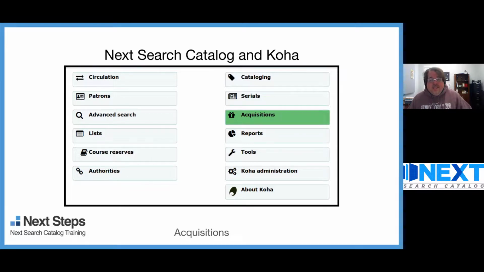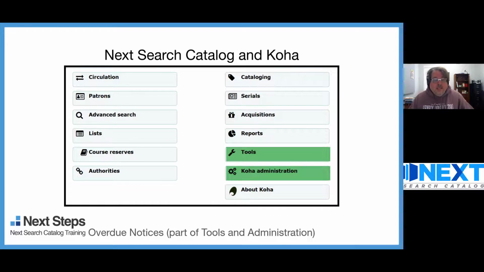We are using the acquisitions module for our patron suggestion system, which allows patrons to use the ILS to suggest purchases of things that are not already in the catalog. Notices come from the tools and administrative side of Koha. It's a system that is in place in Koha that currently only NEKLS staff really have a lot of control over.